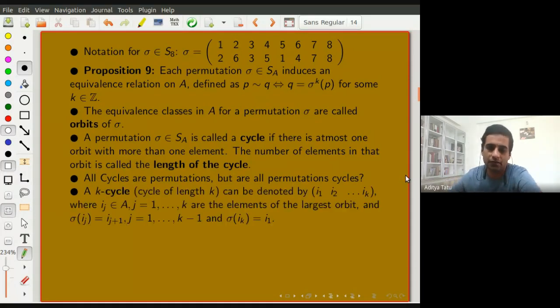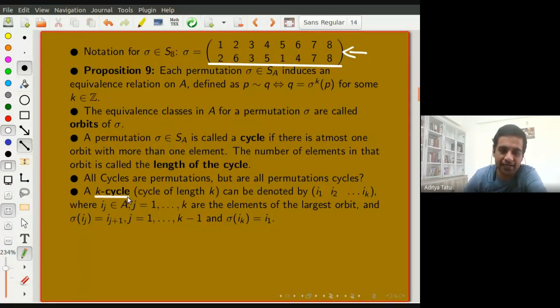Now how do we denote a cycle? This is a slightly cumbersome notation for permutations. In case we have a cycle, rather than any arbitrary permutation, then there is a simpler way to denote that particular permutation. So that simple way is: you have been given a k cycle.